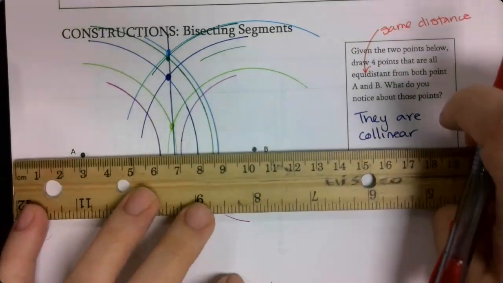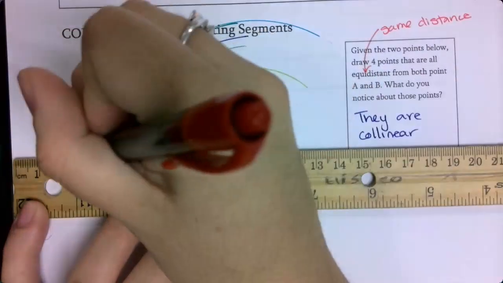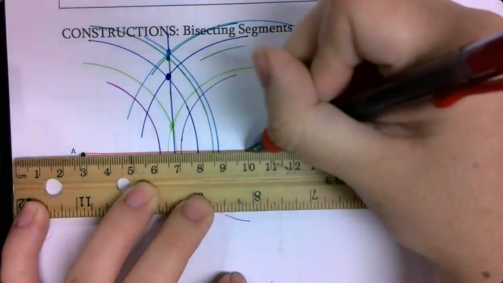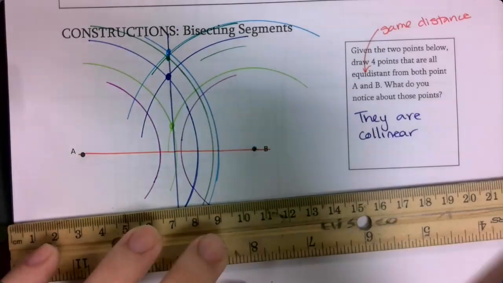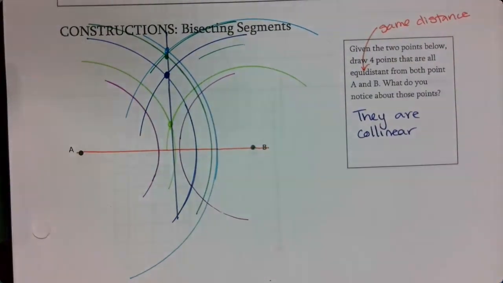Notice if I connect A and B, it should be making a right angle.